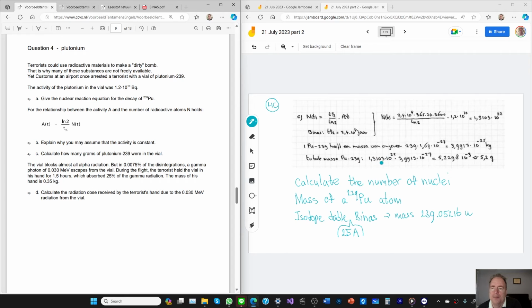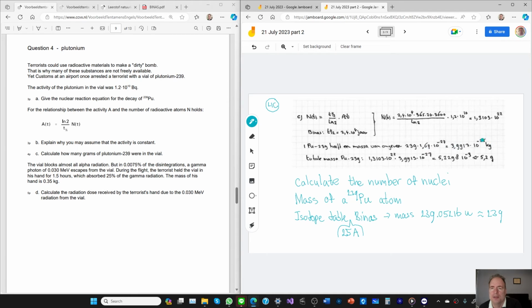So the mass is the number of radioactive nuclei multiplied by the mass of one, and the mass is 239 times 1.67. And this here was just rounded already. This number, of course, to three significant figures is 239, and this must be u, the atomic mass unit, to three significant figures.